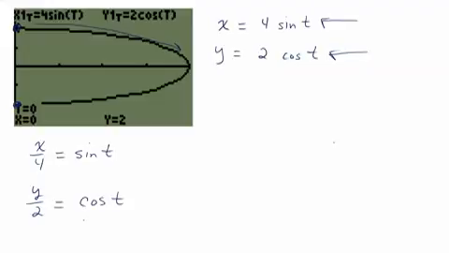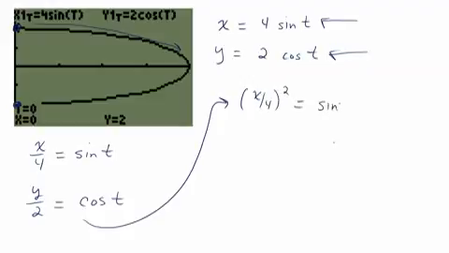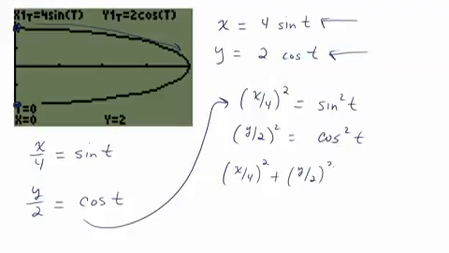Now we'll square both sides of these equations, giving us (x over 4) squared equals sine squared t. Second equation, squaring both sides, we would have (y over 2) squared equals cosine squared t. Now adding these two equations together, we get (x over 4) squared plus (y over 2) squared equals 1.